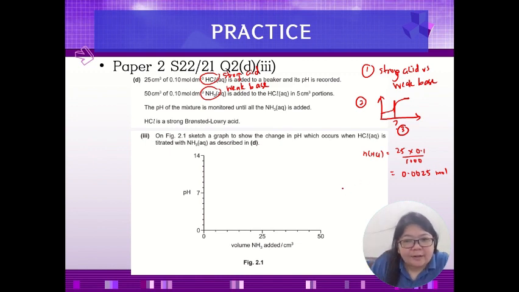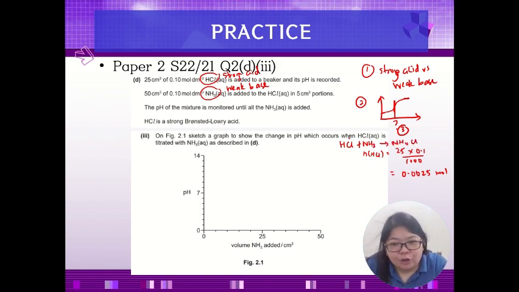Correct. Now, if you write an equation to show the neutralization between HCl and ammonia, you realize that the mole ratio of HCl and ammonia is 1 to 1. So the number of moles of ammonia is the same as HCl, which is 0.0025. And the concentration of ammonia is also the same.